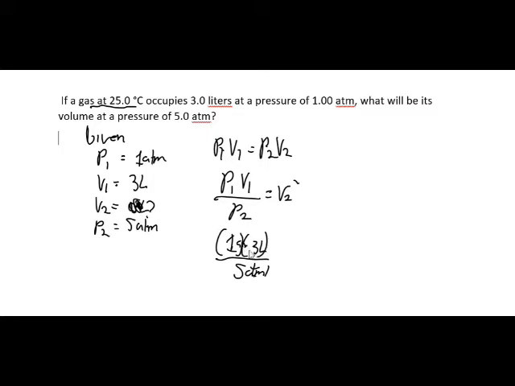So what would be our final answer? Our final answer would be 0.6, so our final volume V2 is 0.6 liters. Correct? If you increase the pressure, what will happen to the volume? It will decrease. Okay.